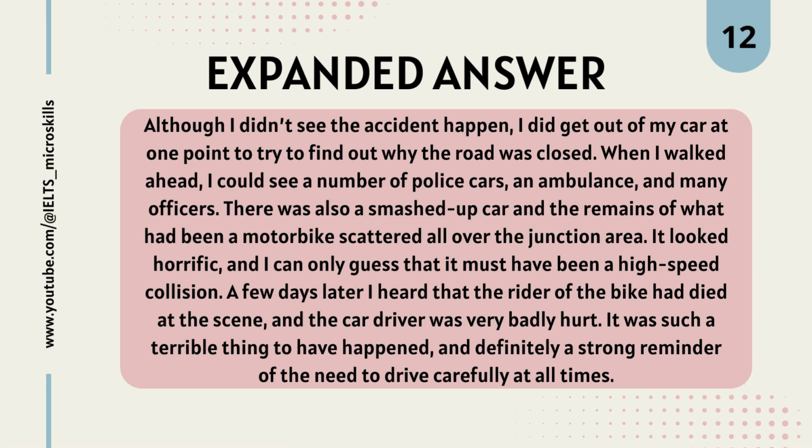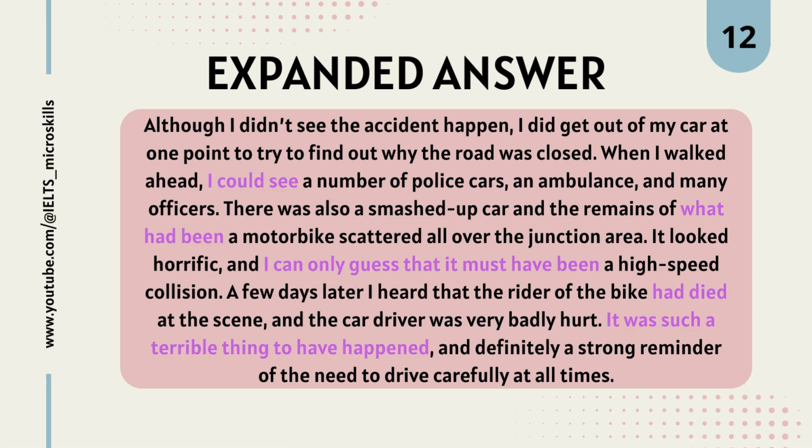A few days later, I heard that the rider of the bike had died at the scene and the car driver was very badly hurt. It was such a terrible thing to have happened, and definitely a strong reminder of the need to drive carefully at all times. This is a much longer and more meaningful answer, which makes use of multiple complex verb constructions.